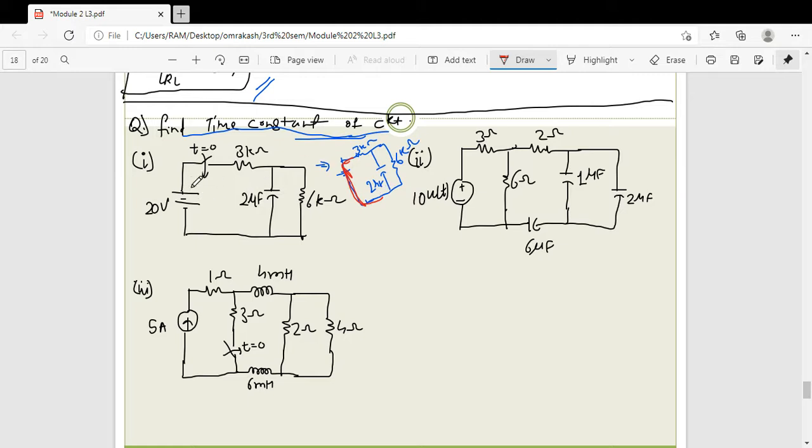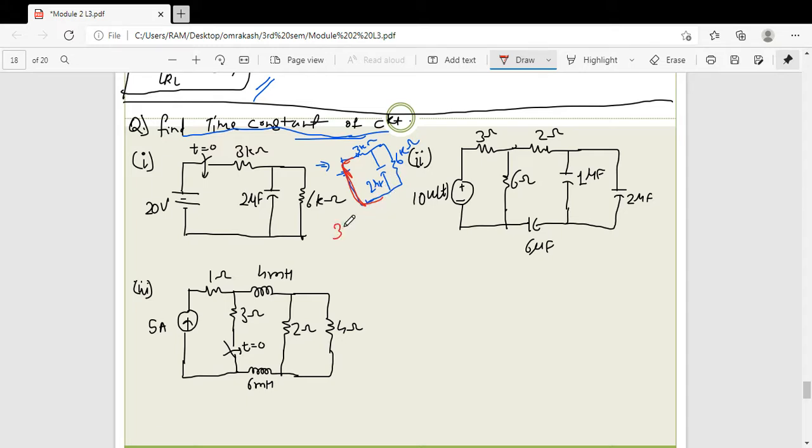So how to remove a voltage source? By short circuiting that element, right? Now observe how the circuit looks: this 3 kilo ohm is parallel with this 6 kilo ohm, and that is with this 2 microfarad capacitor.